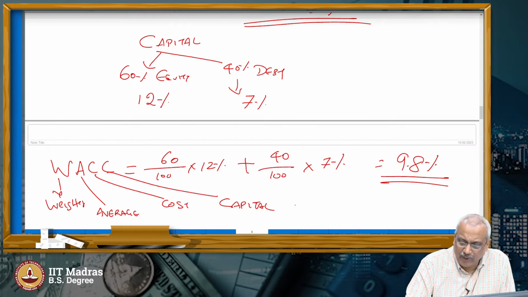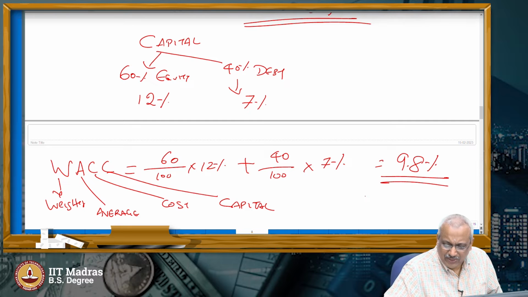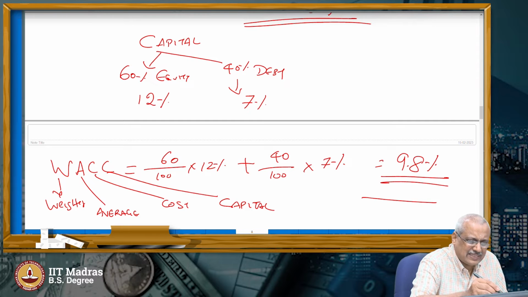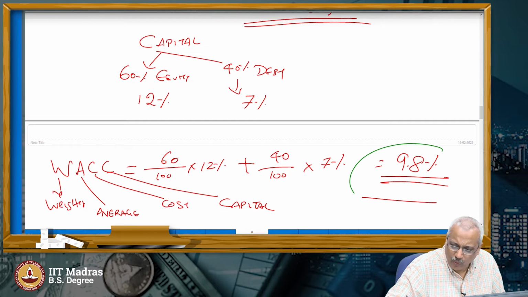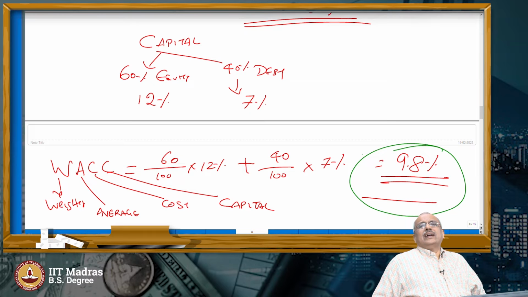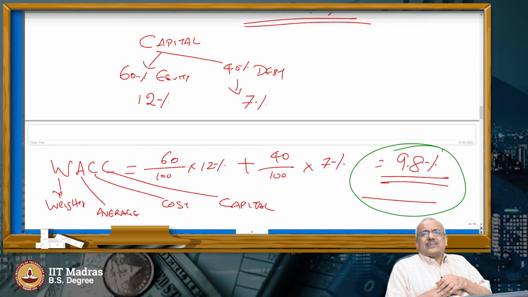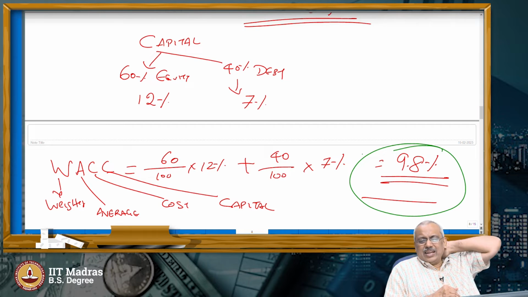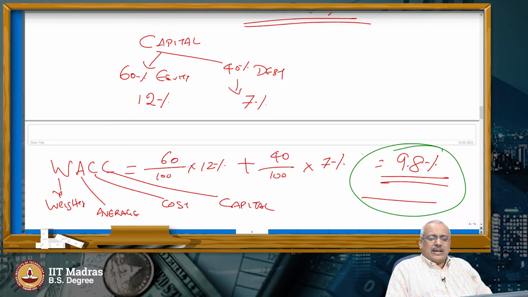For every company, what is the objective? The objective is to keep this weighted average cost of capital at the lowest and invest in a project which gives you higher return. This is what we call WACC, or weighted average cost of capital.